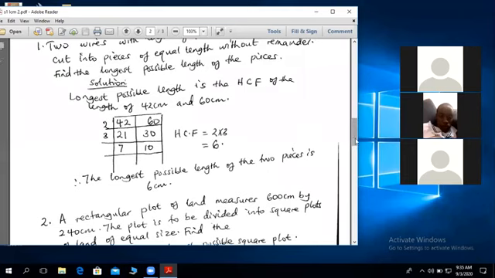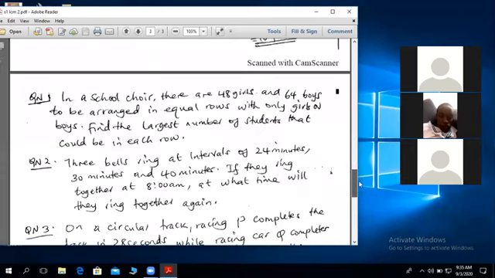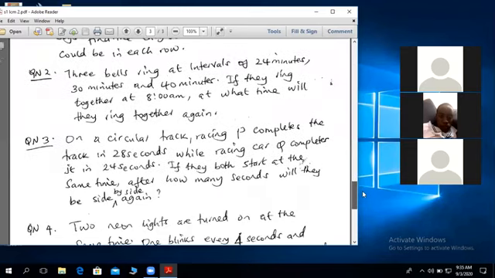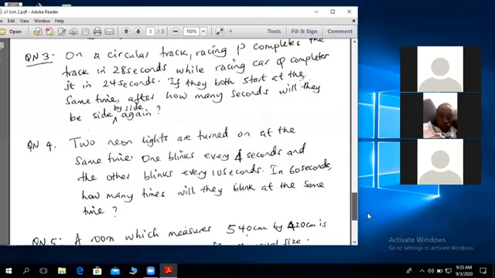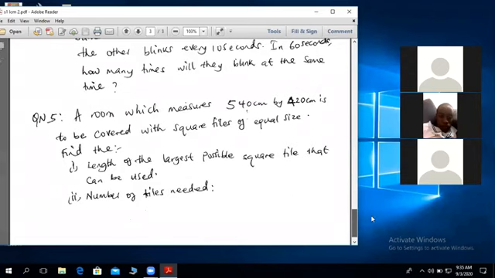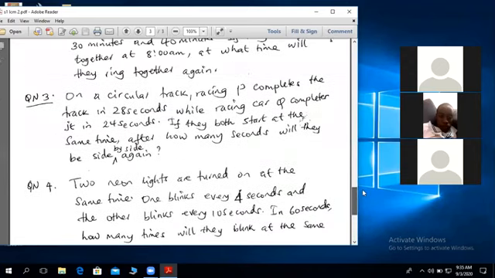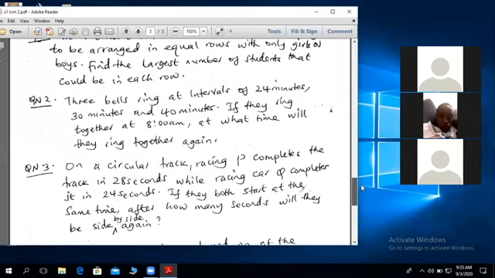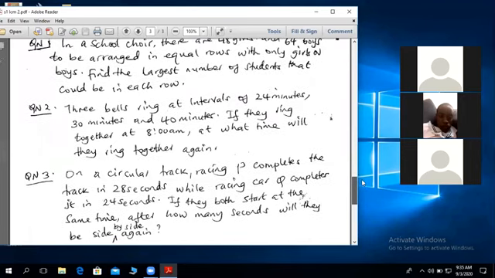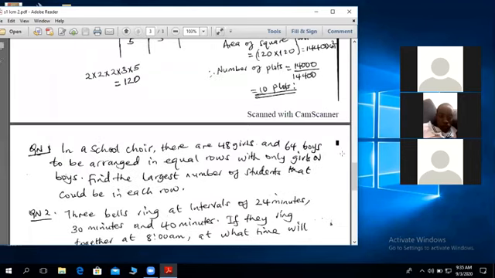Now, when you see a question saying the smallest, or the lowest, you know that that one is asking for LCM. Largest, this one is highest common factor, like that.